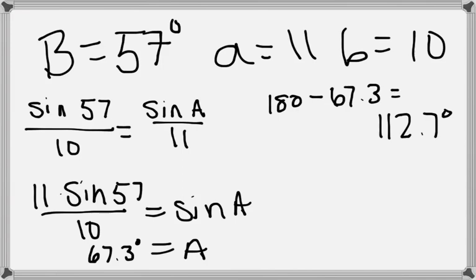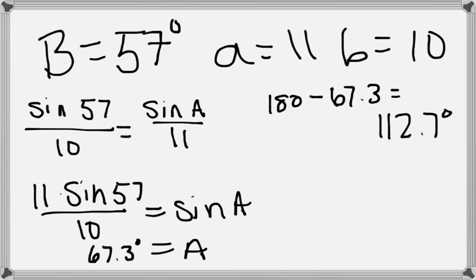In this case, we're looking at angle A. We got A as 67.3, and angle A2, which is questionable at this point because we haven't quite verified, would be 112.7.